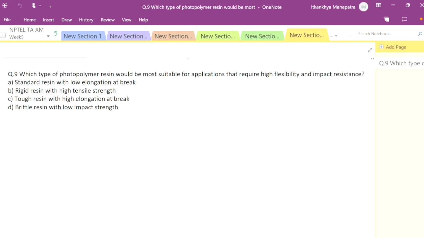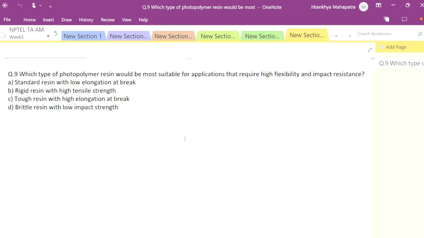Now, the correct option is tough resin with a high elongation at break. This would be the most suitable choice out of all the other options for high flexibility and impact resistance. Now, why?